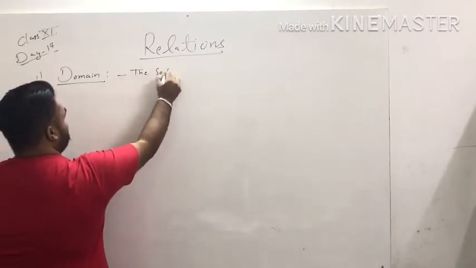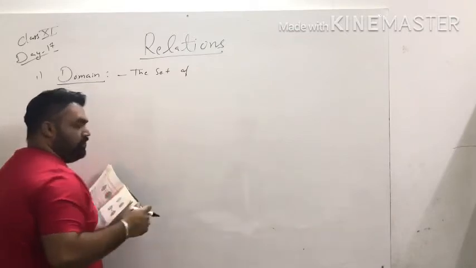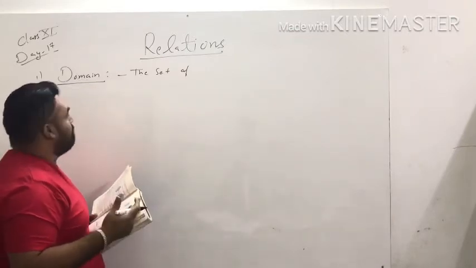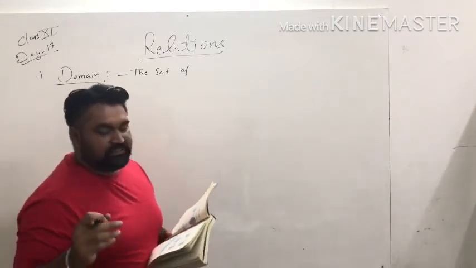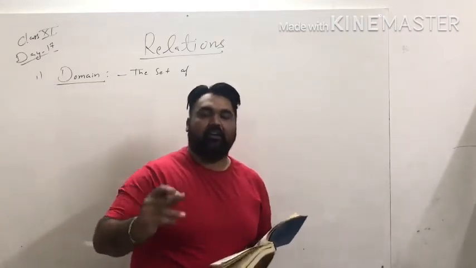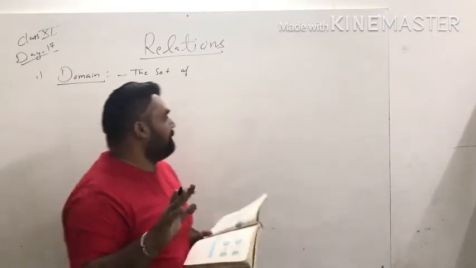First of all we will discuss the general form of the definition, then I'll explain the concept of domain, range and codomain with the help of an example.